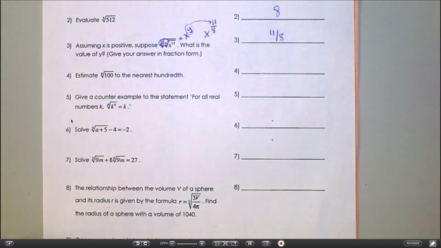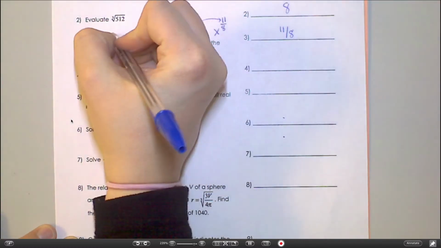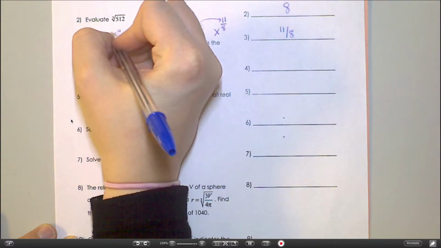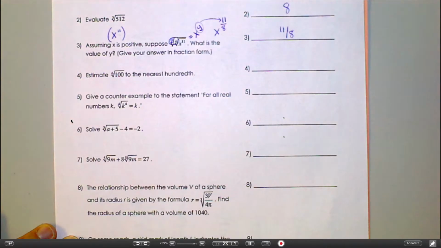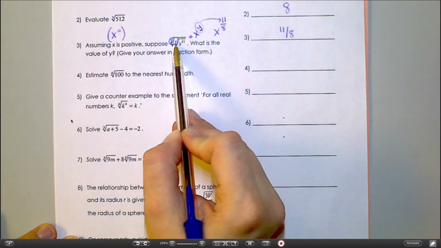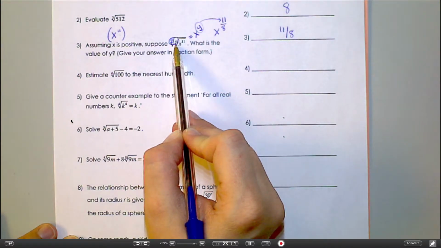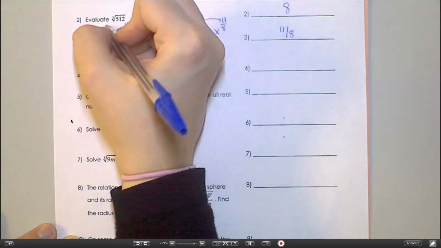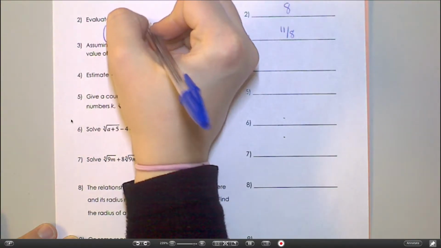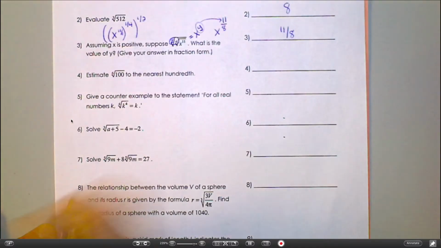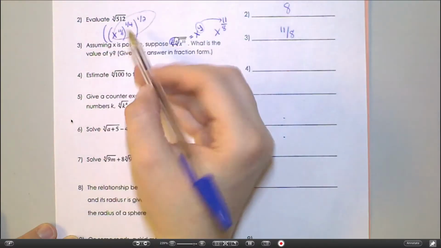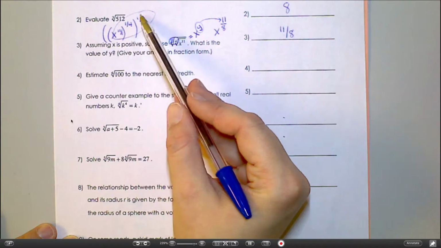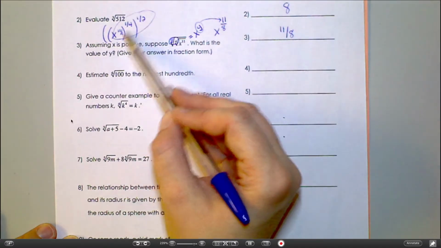Probably what Mrs. DeVries showed you was this: x to the 11th, and we wrote it this way too. And then the fourth root is really the power of what? 1/4. And then the square root is the power of 1/2. So then this is 11/1, and then you just multiply all 3 of those together. 11 times 1 times 1 is 11, and 1 times 4 times 2 is 8.